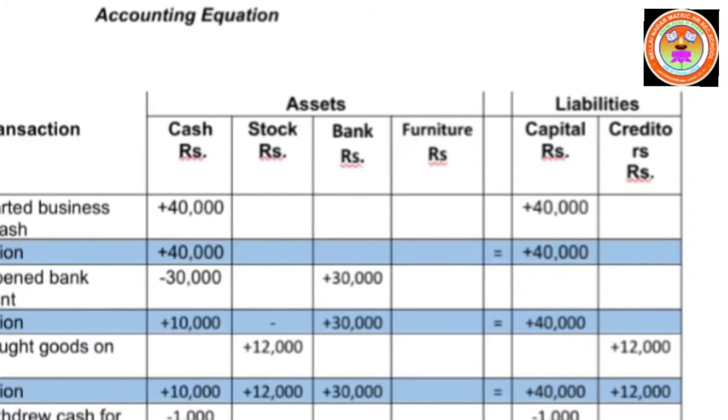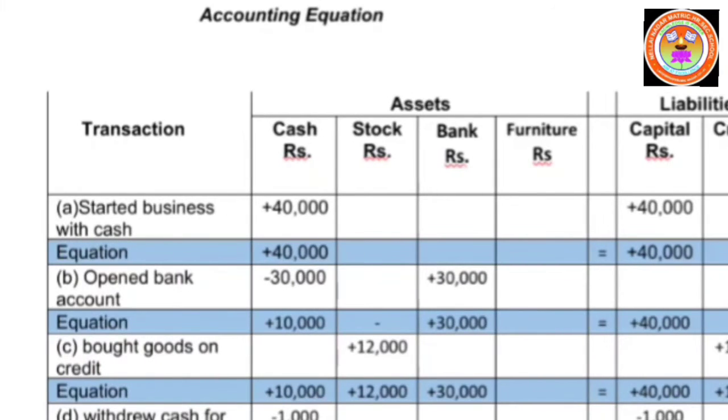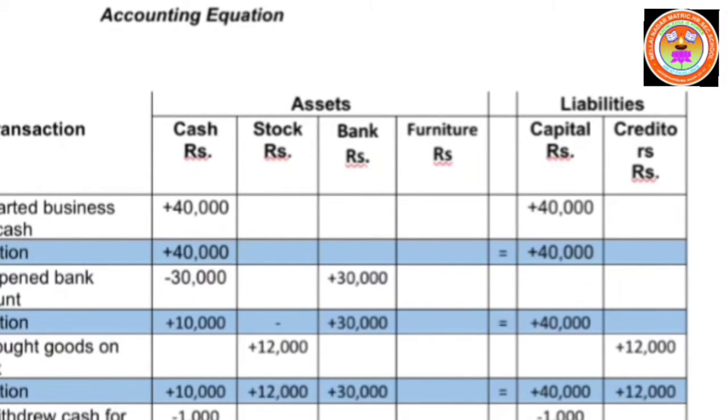One is for transaction, that should be a little bit large. Then another column is for assets. Under assets you should allot 4 sub columns. So draw the columns like this. Then a very small column to put the equal sign. Then the liabilities column. Under that you have 2 sub columns.